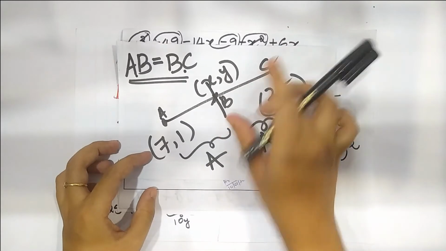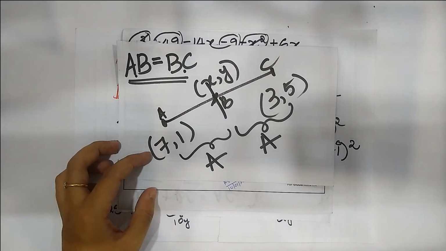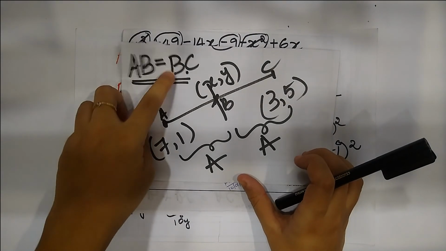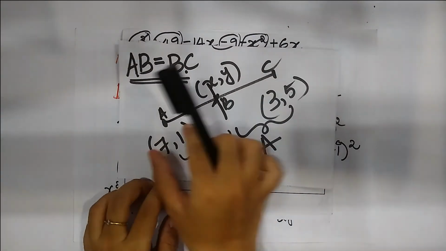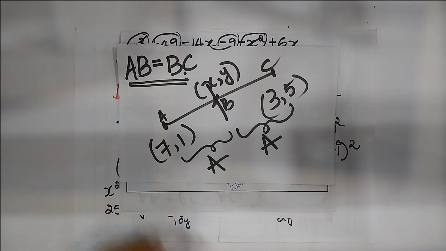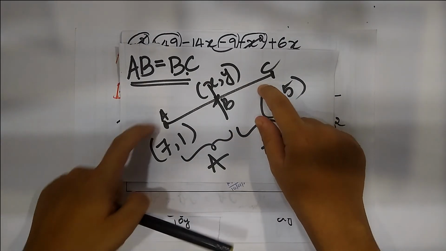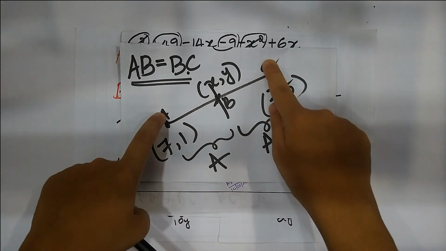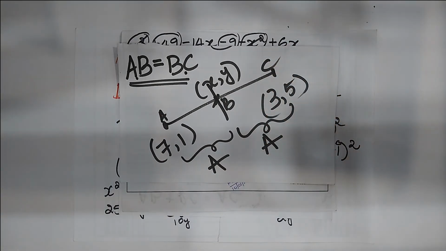So we took the two coordinates and we got to know, using the equidistance theory, that AB should be equal to BC. And if AB is equal to BC, then AB plus BC will give us the whole line AC. So we use that theory to get the equation here.